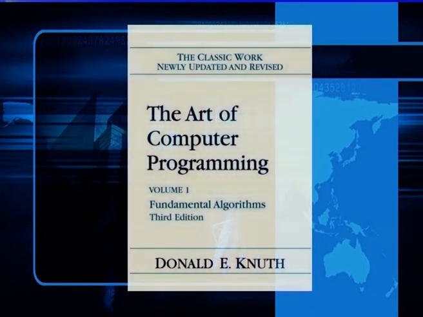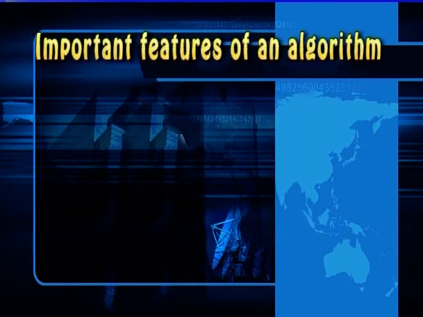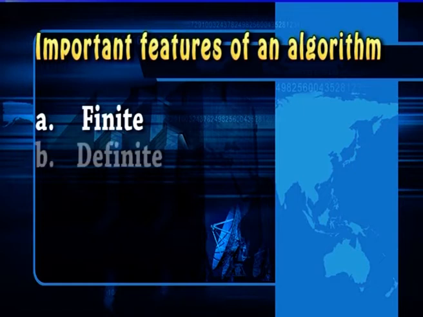Knuth, an eminent computer scientist and currently professor at Stanford University, in his book The Art of Computer Programming, describes five important features of an algorithm. These are as follows. An algorithm should be finite. An algorithm terminates after a fixed number of steps. An algorithm should be definite.